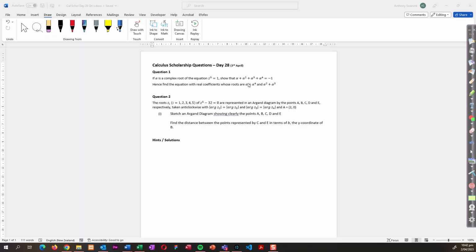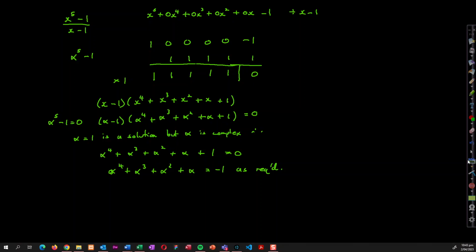I also want you to consider that if you add these two roots, you've got the sum of the two roots, and look at the expression above, the fact that the sum of the two roots would equal -1. I also want you to consider the product of the two roots. Okay, so that's enough of a hint. So pause the video and have a go.